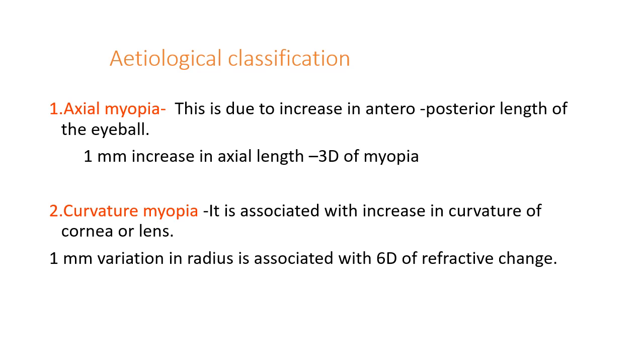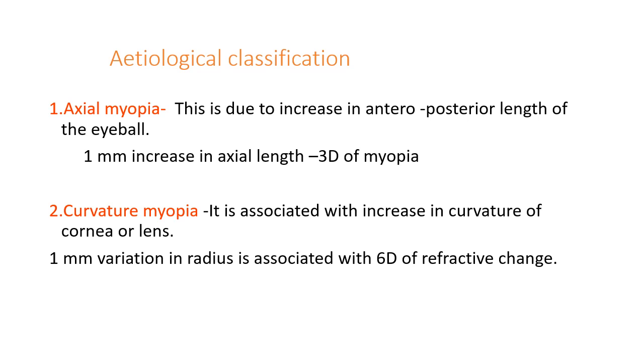Just the reverse, a decrease of 1 millimeter in the axial length will cause 3 diopters of hypermetropia. Curvature myopia is associated with an increase in curvature of the cornea or lens. Again, a 1 millimeter variation in radius of curvature is associated with 6 diopters of refractive change.